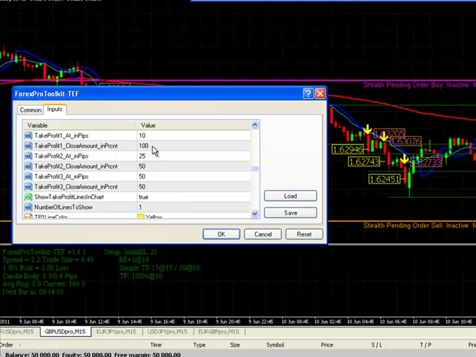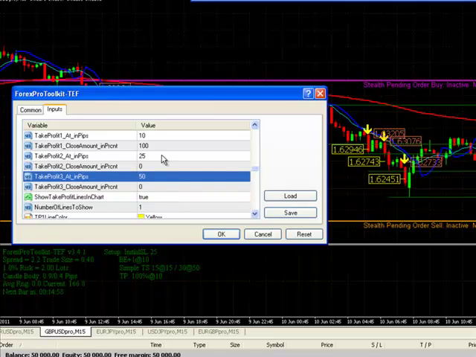So say you have this instead of 100%, which would close out the trade at the suggested take profit point, you have it at 50%, and you have the rest of these 0, so that you're only using one take profit point.